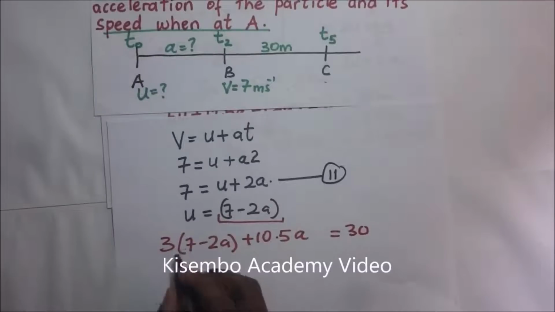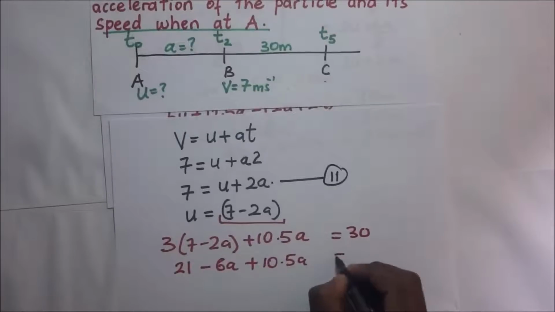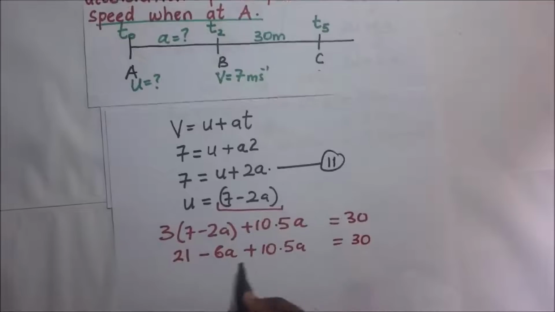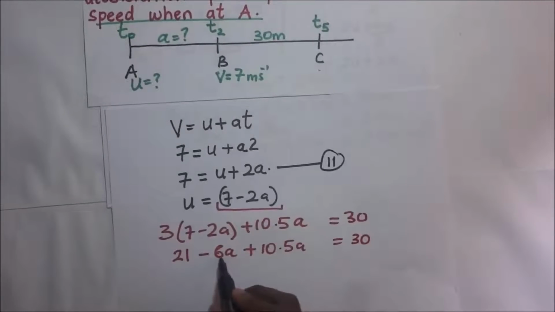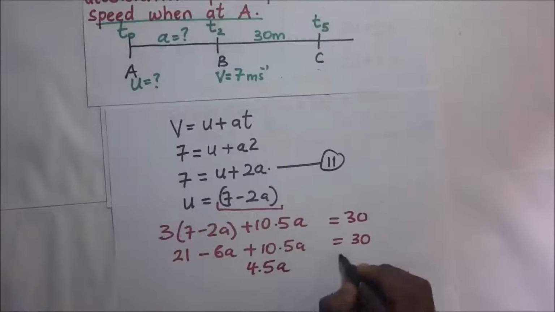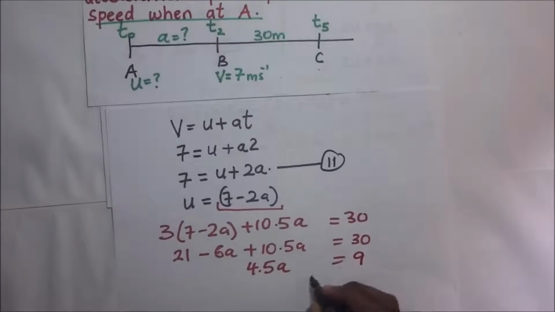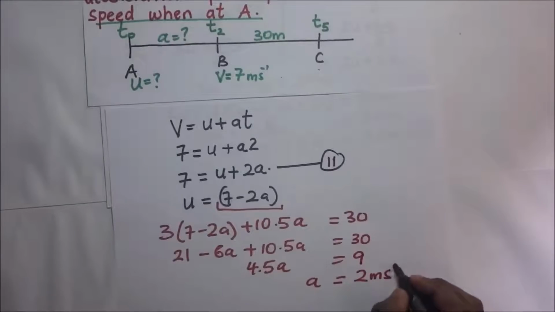So definitely this is 21 minus 6a plus 10.5a, giving us 30. Negative 6a plus 10.5a is going to give us 4.5a, which is going to be 30 minus 21, giving us 9. Then our value of a definitely there is 2 meters per second squared.